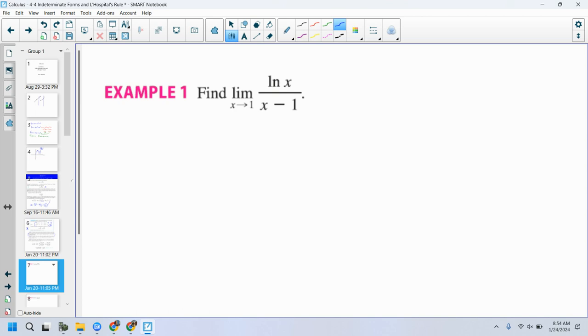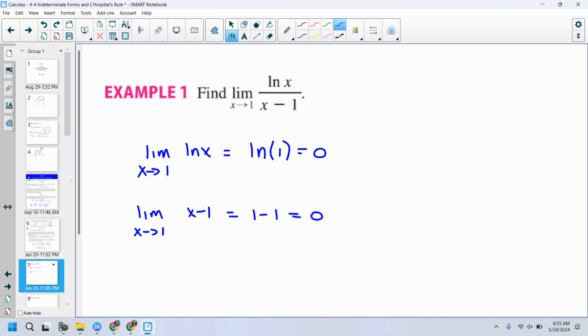We kind of already did that. If I take the limit as x goes to 1 of ln of x, and the limit as x goes to 1 of x minus 1, I need to make sure that these are both 0 or both infinite. We've already seen ln of 1 is 0. We also know that x minus 1 is also 0.